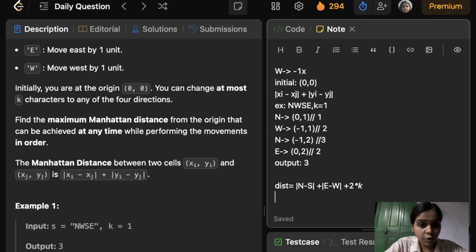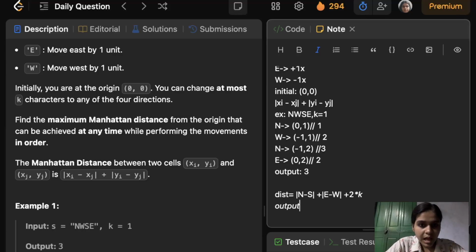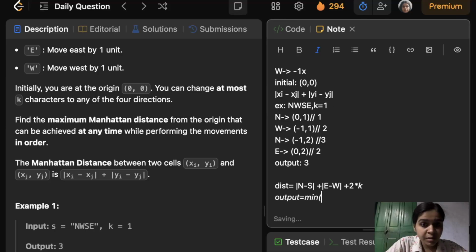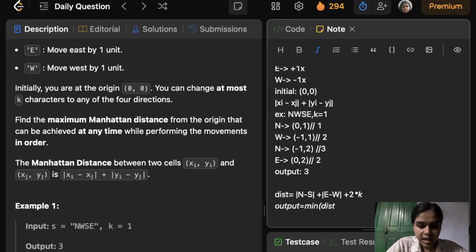So the output will be the minimum of this distance and i plus 1, the index plus 1. Whatever index we are currently at, we will be getting plus 1 at the output extra only, right? If we are at index 0 and n is there, what does n mean?